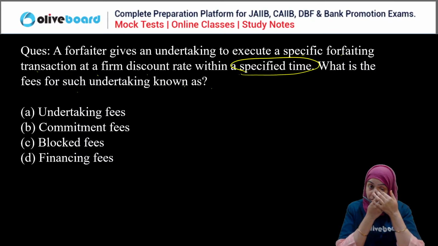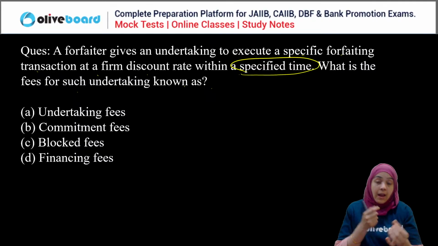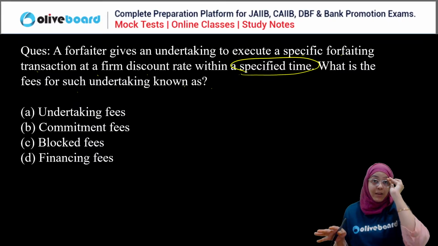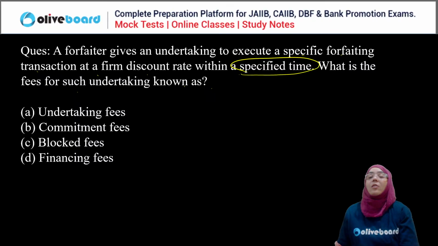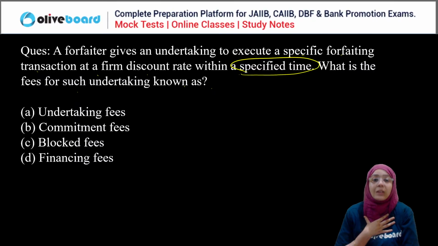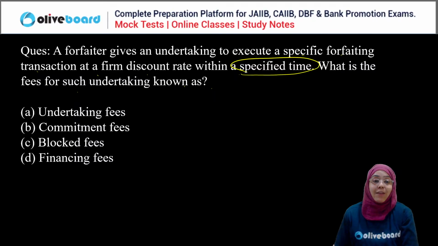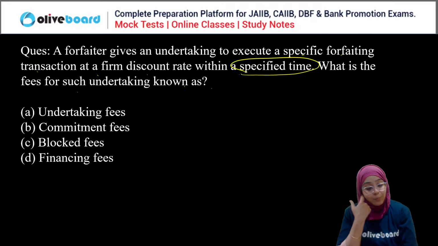You have to tell me, the forfaiter gives an undertaking that I will execute the forfeiting transaction, you just proceed with the buying and selling. When the forfaiter gives that undertaking that yes, I am responsible for giving the forfeiting amount, what type of fee is involved in this process?